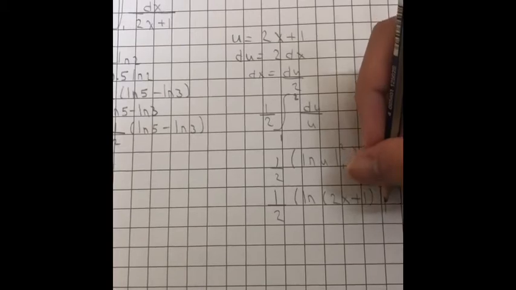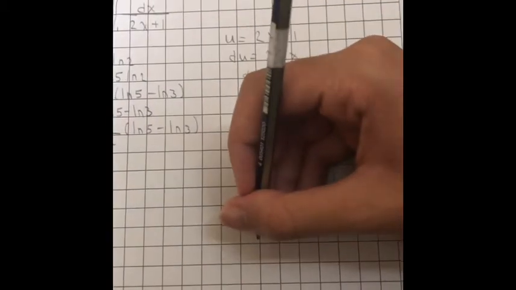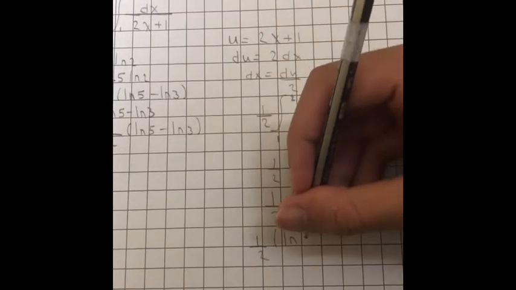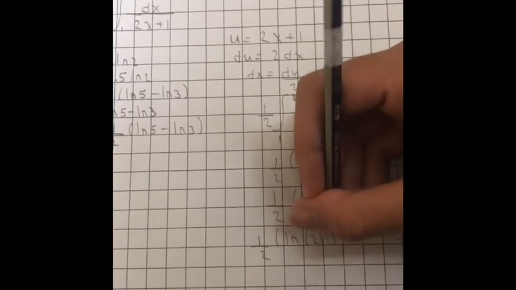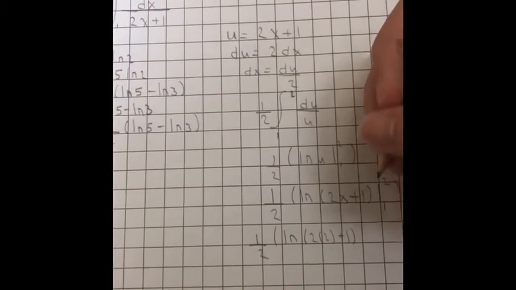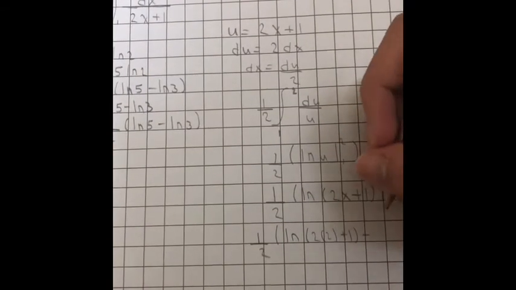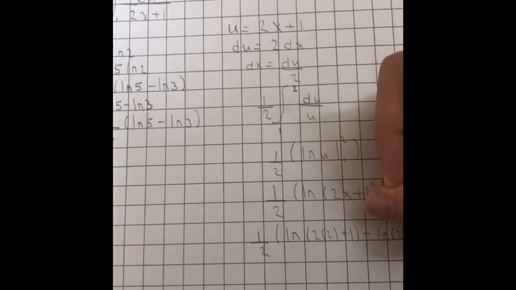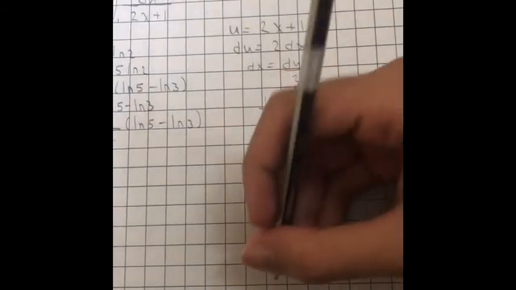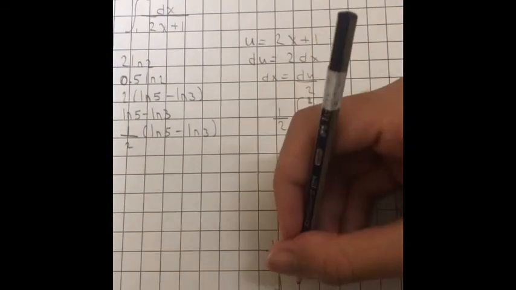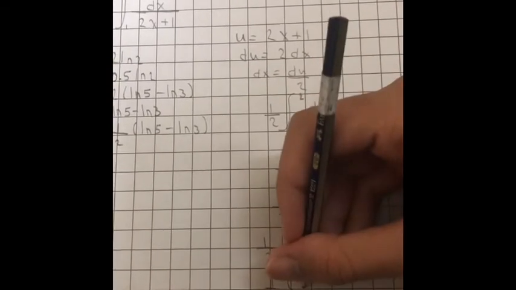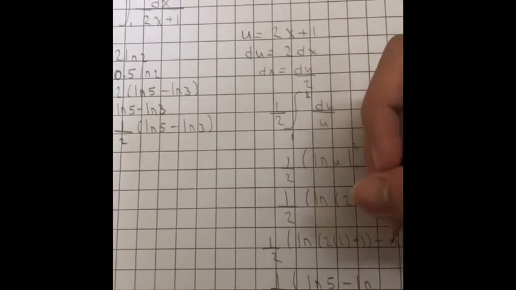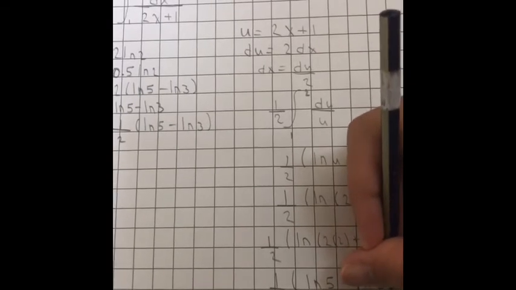Then we will substitute these two numbers on x, so it will be 1 over 2 ln of 2 times 2 plus 1 minus ln of 2 times 1 plus 1, which is 1 over 2 times ln 5 minus ln 3, which is E.